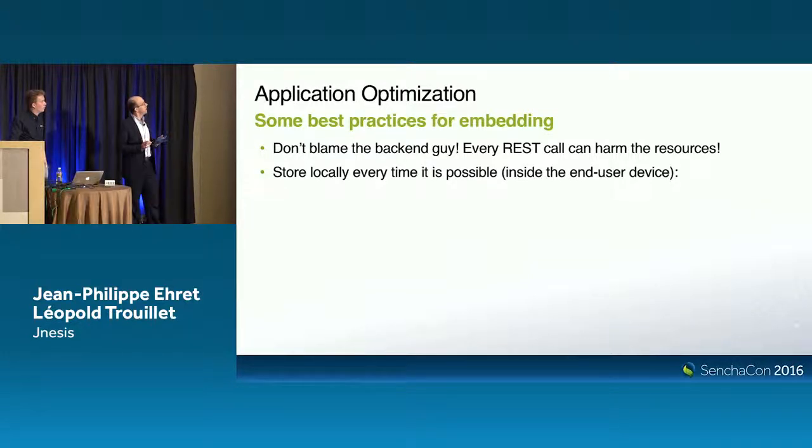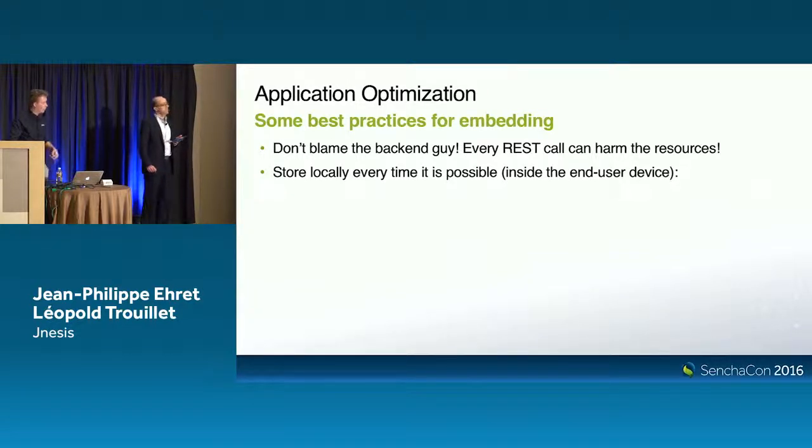First, of course, if you want to run your web app with that, you have to take care of the REST calls, because each time you call the API, the CPU has to respond to your query.